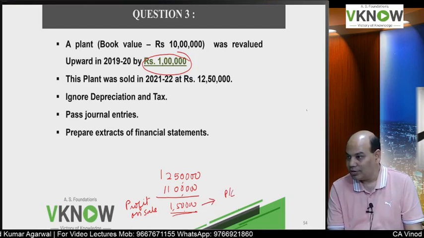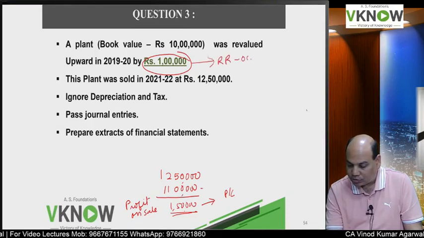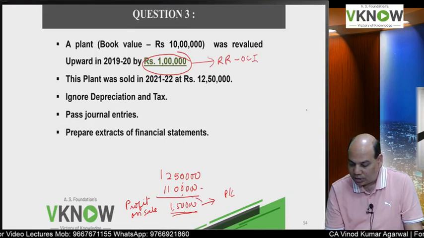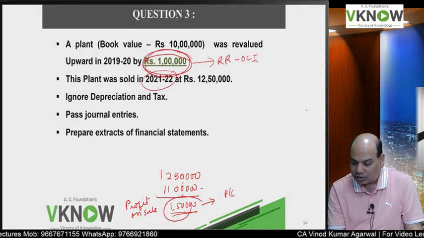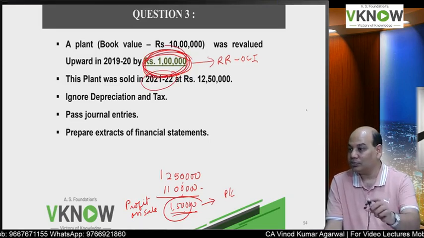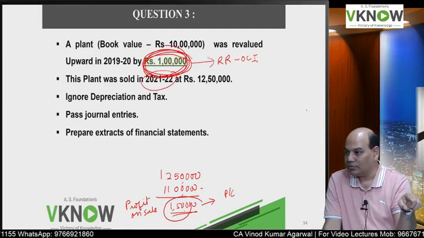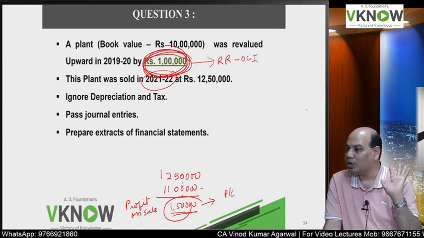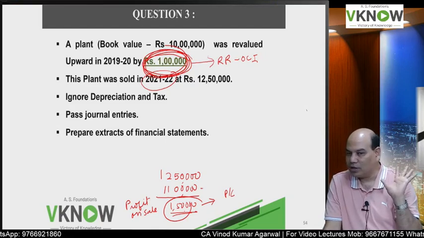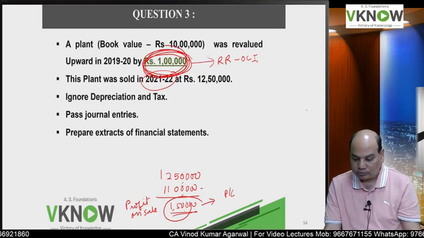It is not a revaluation reserve, and this 1 lakh will go to revaluation reserve OCI, and the year in which you are going to sell, the balance lying in that 1 lakh rupees will be recycled from revaluation reserve to general reserve or any other component of equity or any free reserve, but not to P&L account.